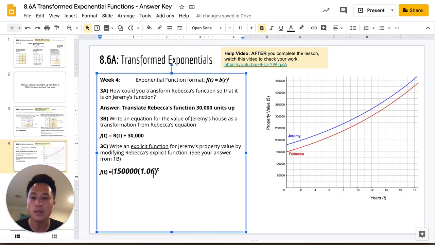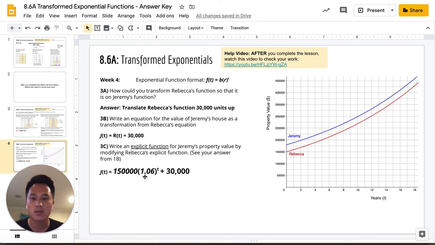So this part right here is Rebecca's function. So all I have to do to get to Jeremy's value is add 30,000 more to it. So now this is the correct explicit form for Jeremy's function. And that's all.